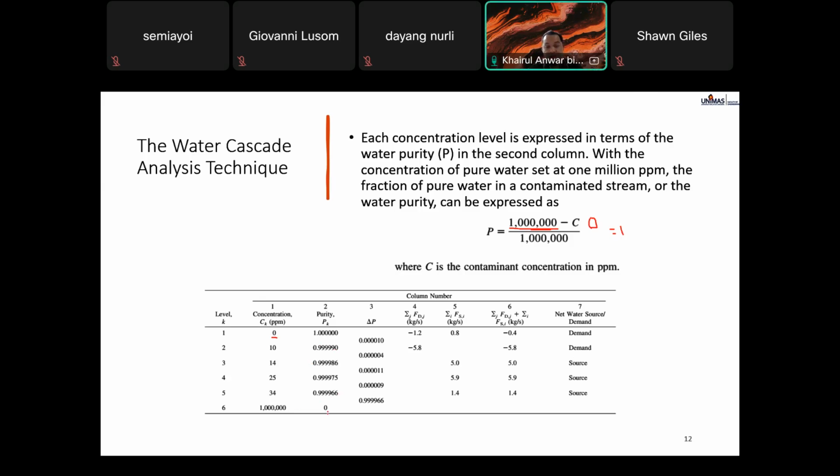And for here, 1 million minus 1 million is 0, divided by 1 million is equal to 0.